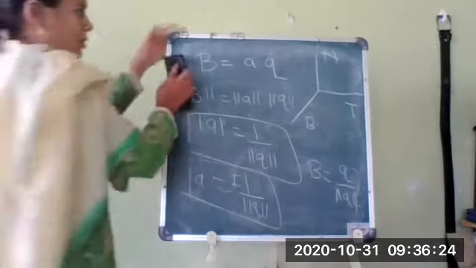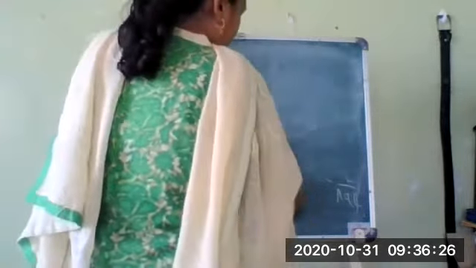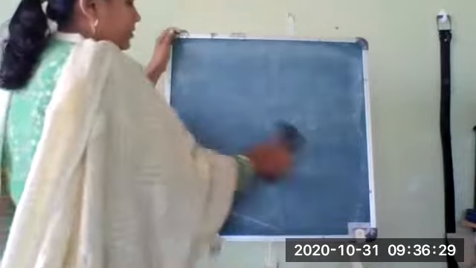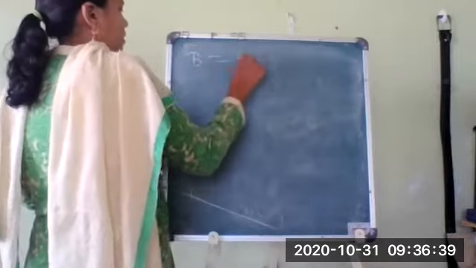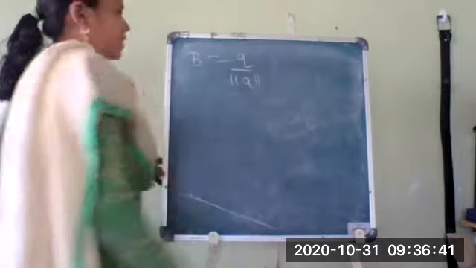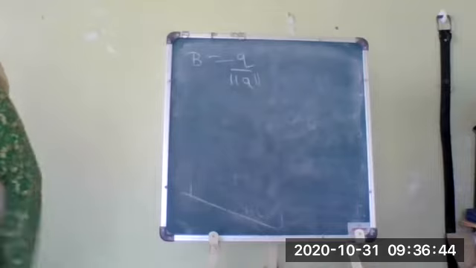Now what we have got, b is equal to q upon norm of q. So this will be simply a unit vector, right? So what will be b dash?